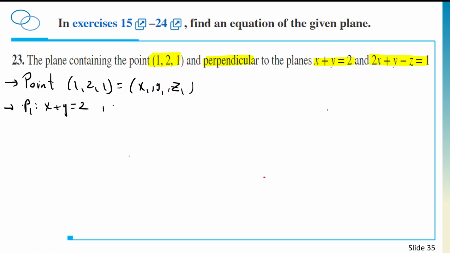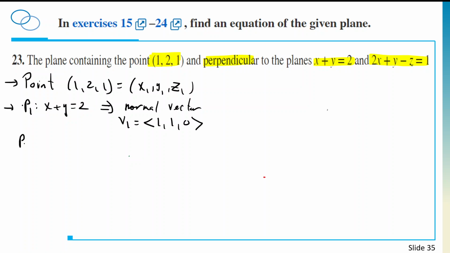So the normal vector, let's get the normal vector. Let's call it v1 equals to the coefficient for x is 1, for y is 1, z is not there, 0.